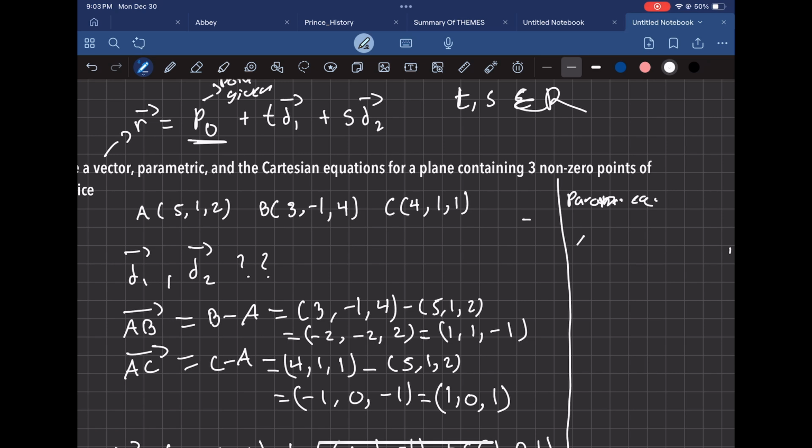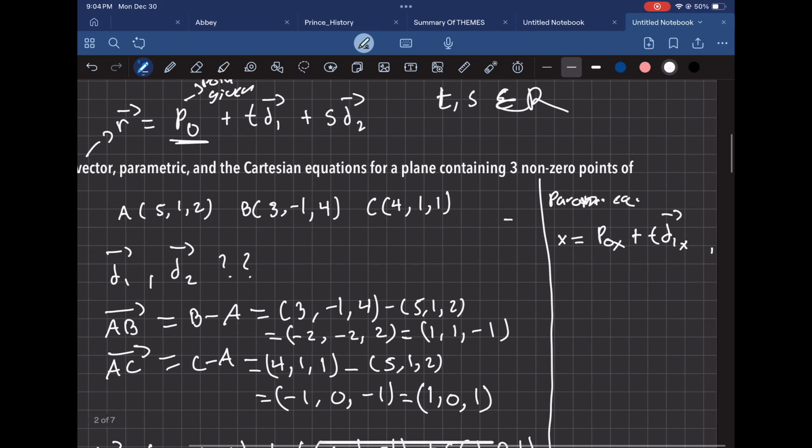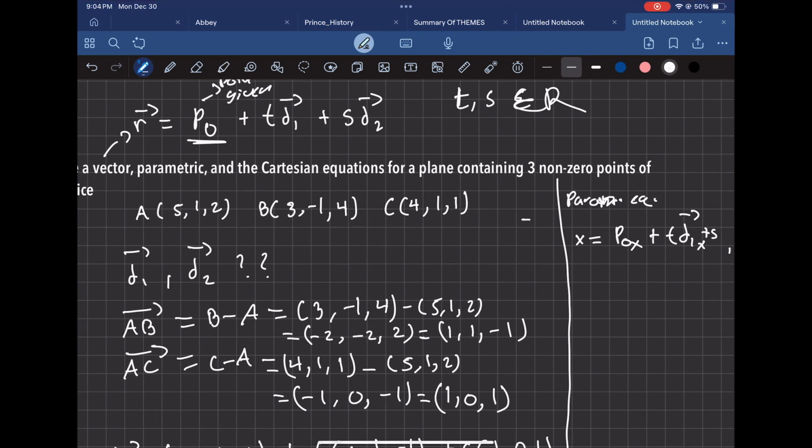So the x would look something like the x value of the point given, plus t times the x value of the direction vector, plus s times the x value of the second direction vector.